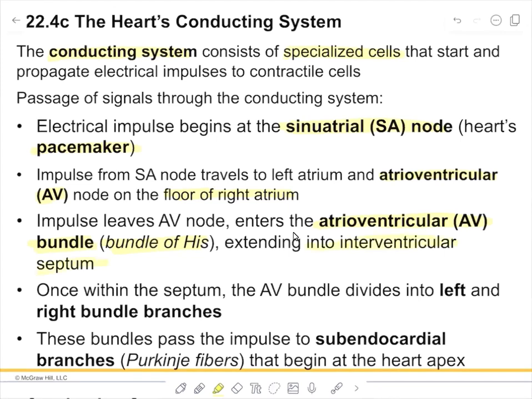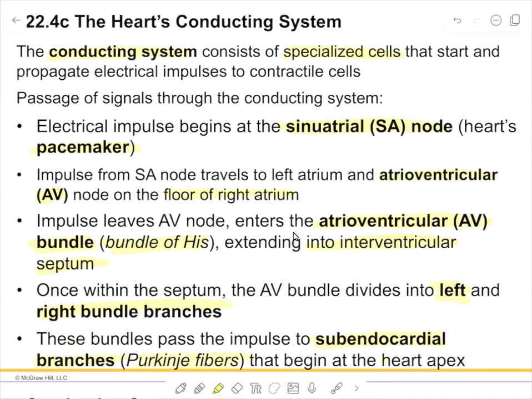Once within the septum, that AV bundle is then going to divide into left and right bundle branches. And these branches then pass impulses, which are actually directly underneath the endocardium. That's the inner lining of the heart wall. And that's called the subendocardial branches. And they're also called Purkinje fibers.